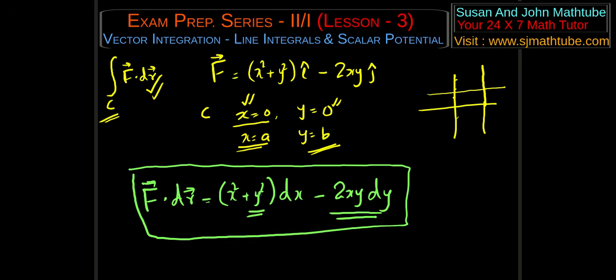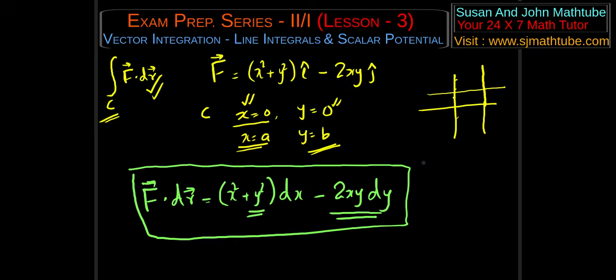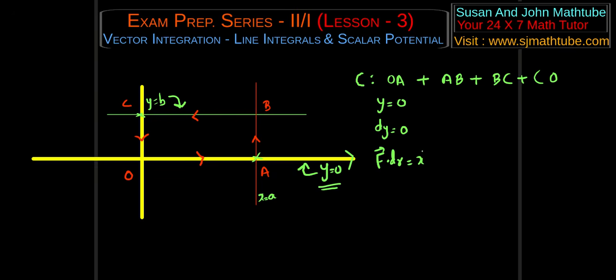So F dot dr is equal to x squared dx. And x varies from 0 to a, and there is no y, so you don't have to worry about y. So that's it for OA.